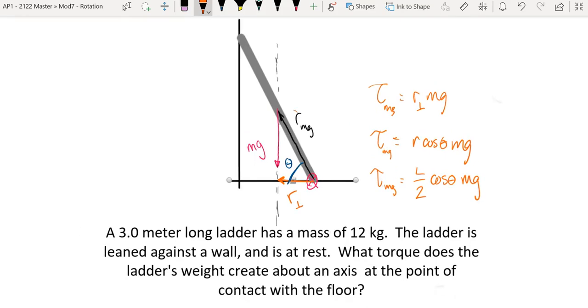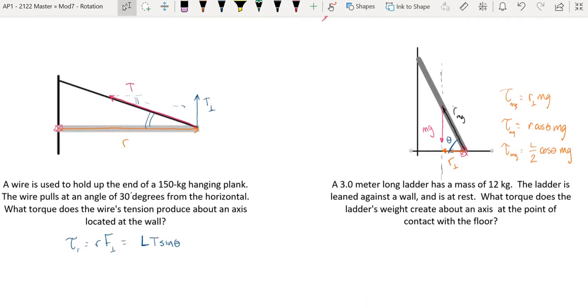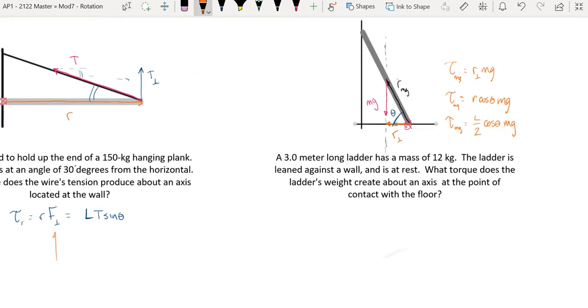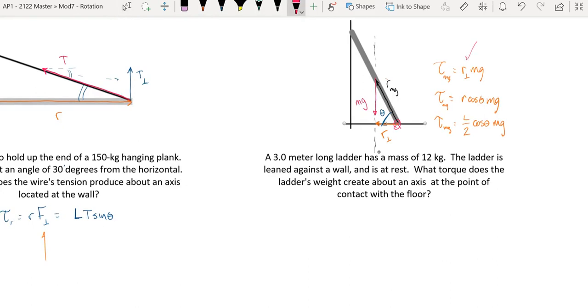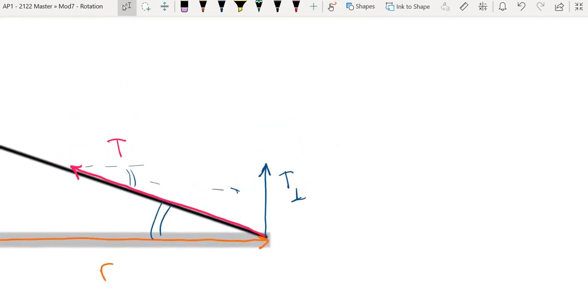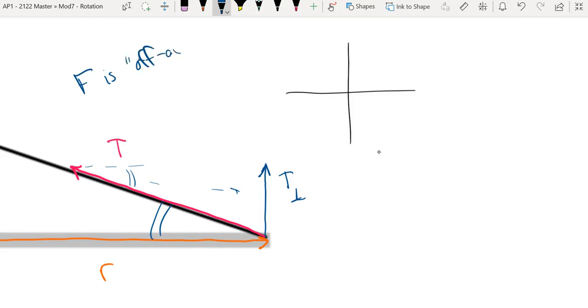Okay? So how do I know, right? In this case, I broke F into components. In this case, I broke R into components. How do you know which one to do? Well, for me, T's off axis, and what I mean by off axis is, here are standard axes, right? So in this case, F is off axis. Therefore, break F into components.